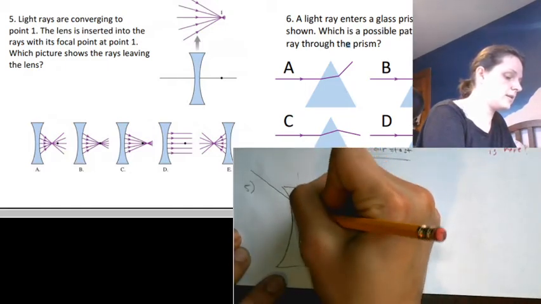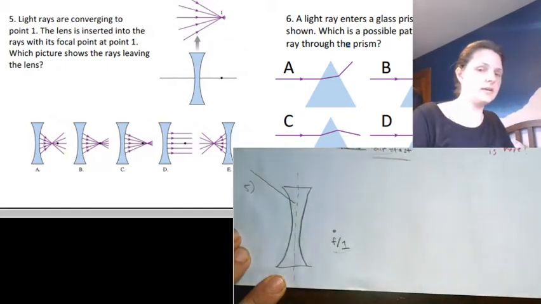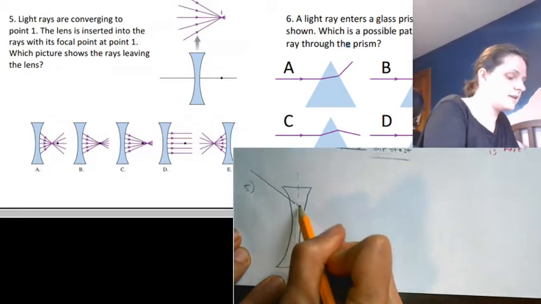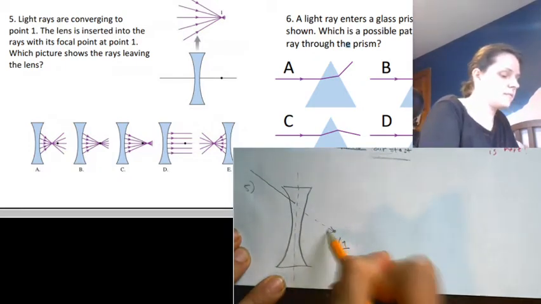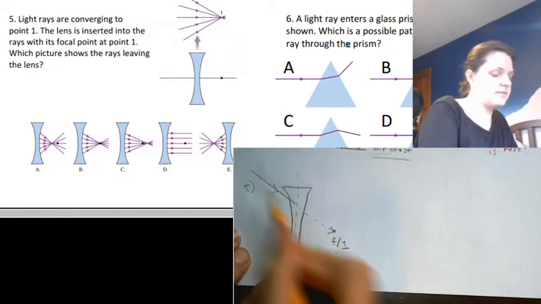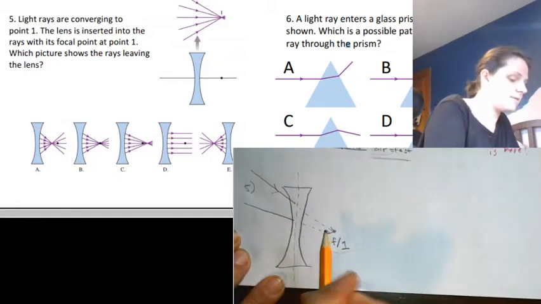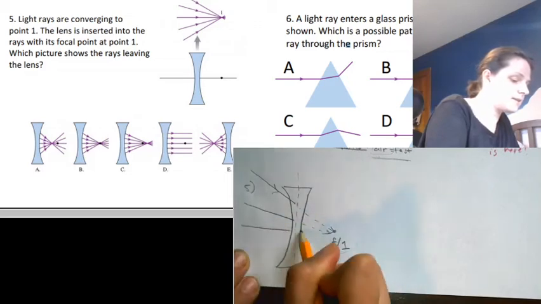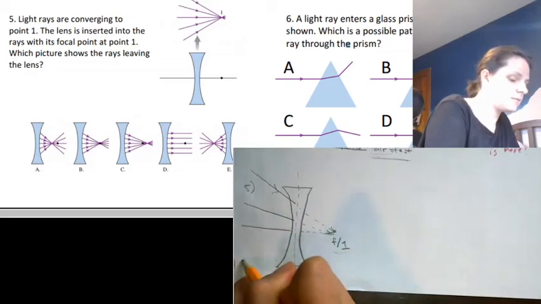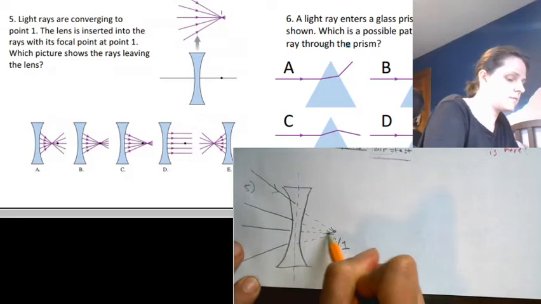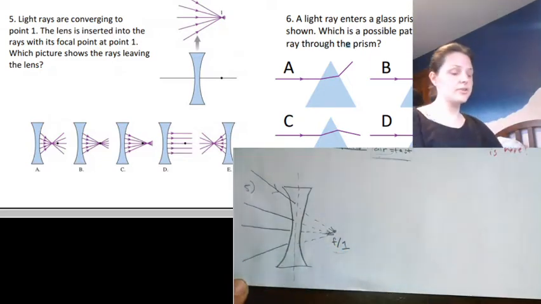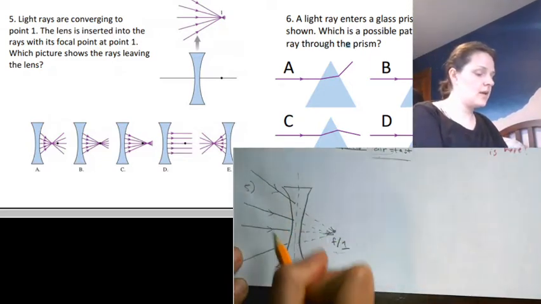I'll draw the center line of this lens. They are entering here. And this ray starts out and it's on its way to F. This next ray starts out like this, on its way to F. This ray right here starts out like this, on its way to F. Like that. Okay, so there's all my entering rays.